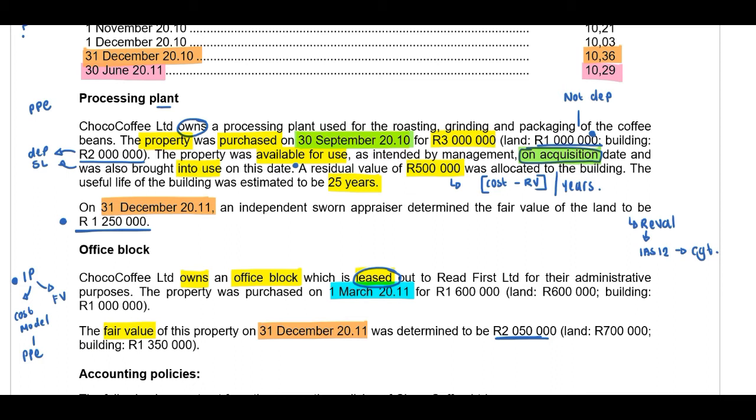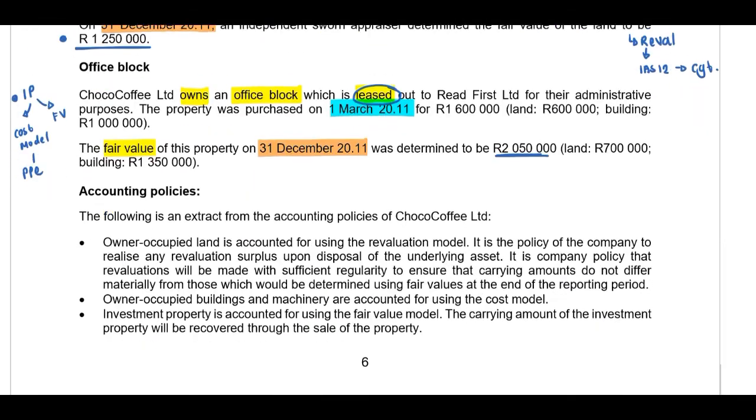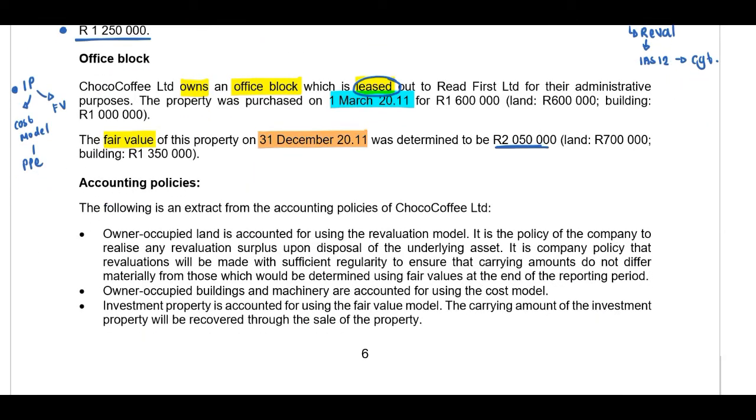Right. Accounting policies. The following is an extract from the accounting policies of ChocoCoffee Ltd. Owner-occupied land, look at this, is accounted for using the revaluation model. It is the policy of the company to realize any revaluation surplus upon disposal of the underlying asset.